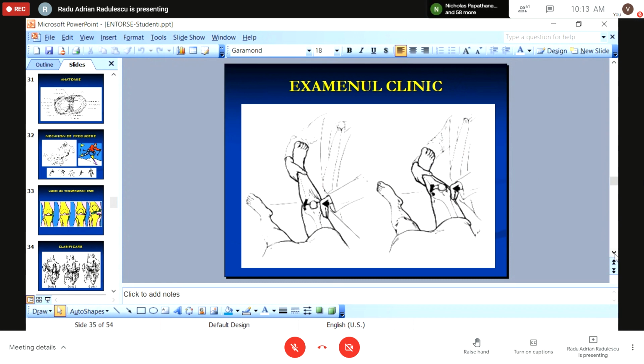With a simple inspection, we may see that the knee on the injured side is swollen, meaning bigger than the other one. The knee, like the ankle also, is a superficial joint, so it is located under the skin. So its shape can be easily inspected, especially if inside the knee there is an accumulation of a liquid.